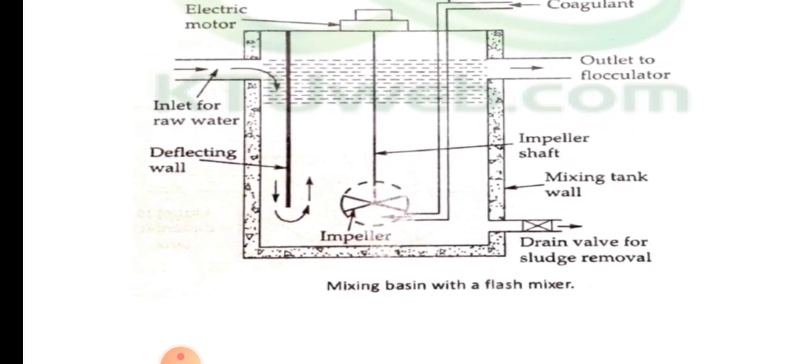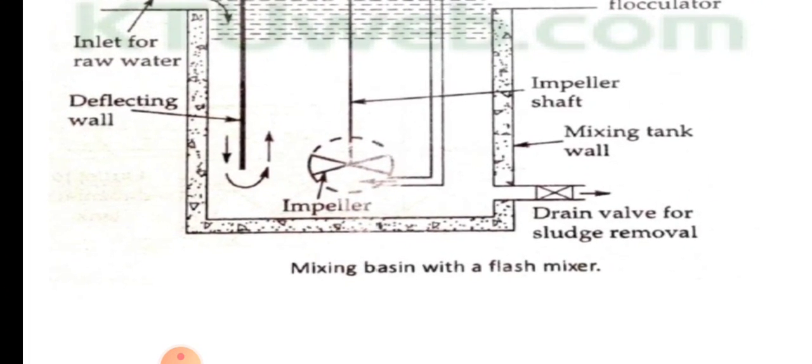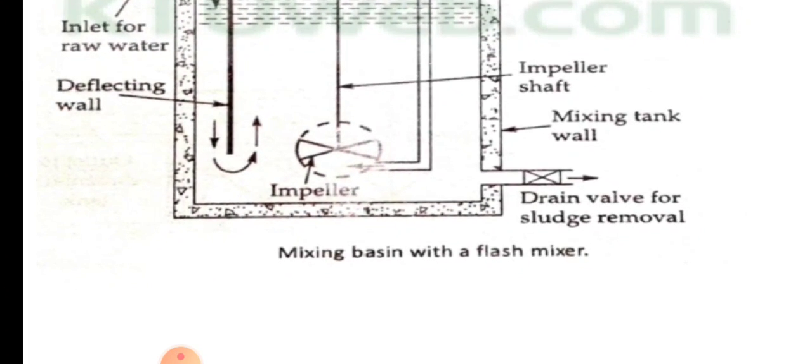Here, as you see in the figure, this is a typical mixing basin with a flash mixer. In a flash mixer, the rapid mixing is caused in a rectangular chamber. There is a revolution of the propeller that is fixed to a propeller shaft, and this is driven by an electric motor.